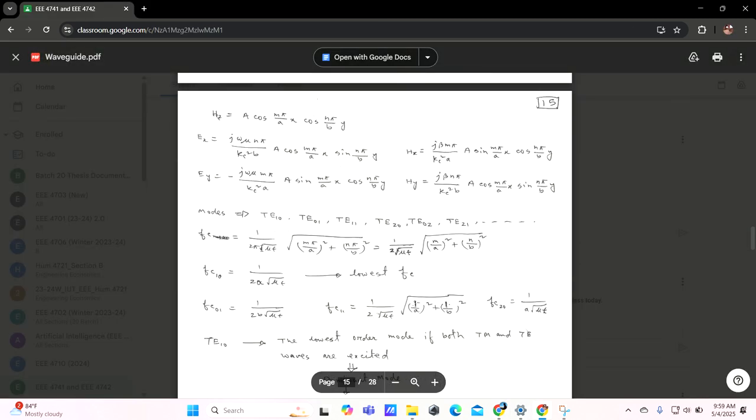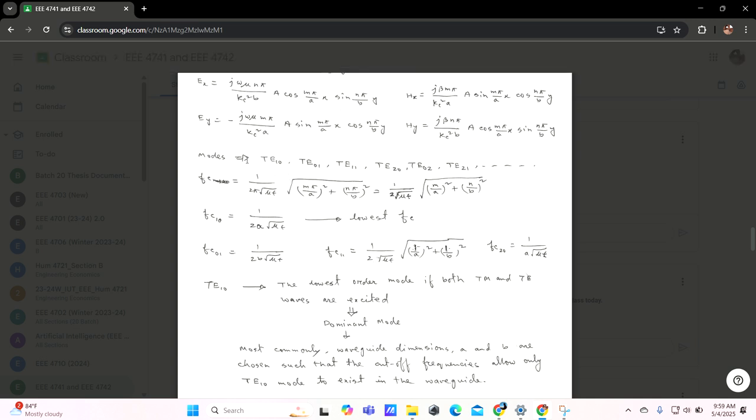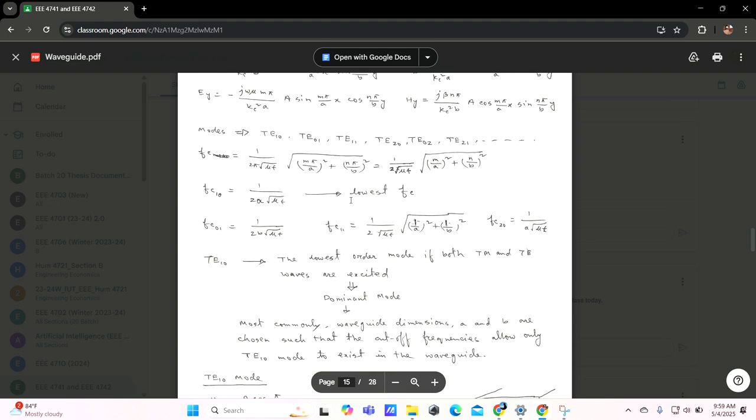Thus we find out the modes again by these things. Here are written the modes, and depending on the modes we can get the cutoff frequency by the equations.